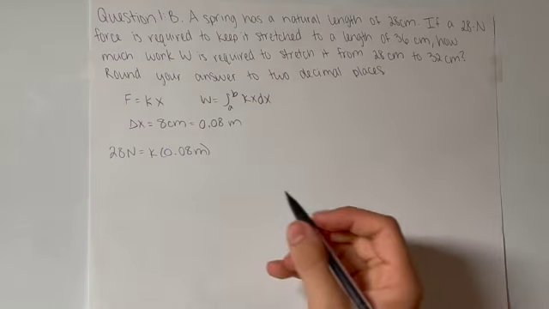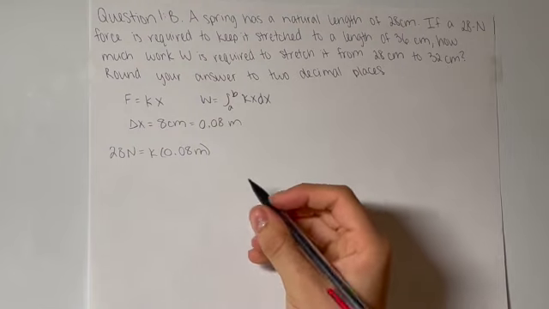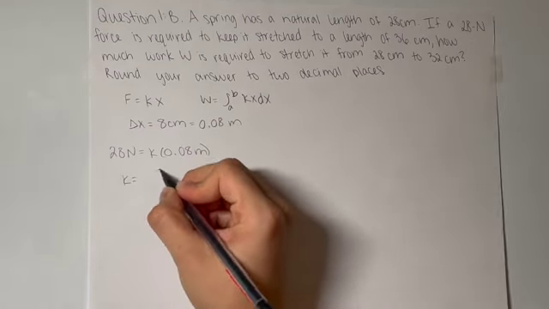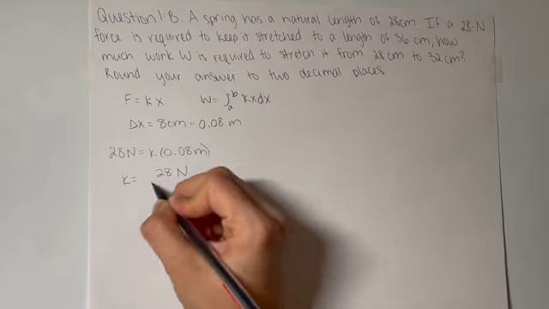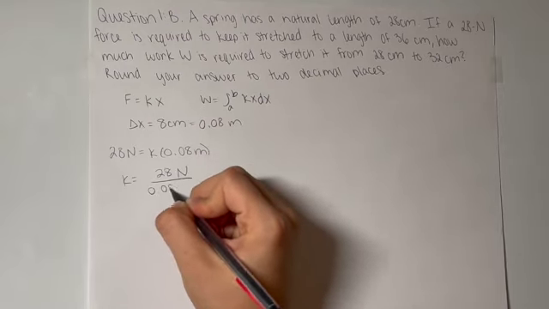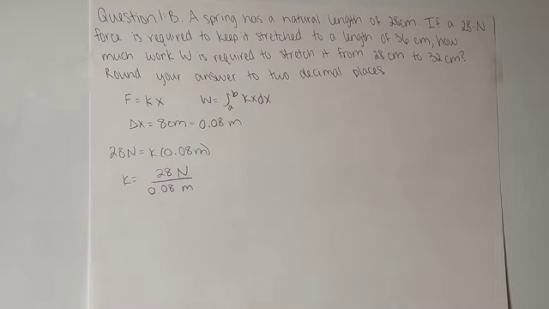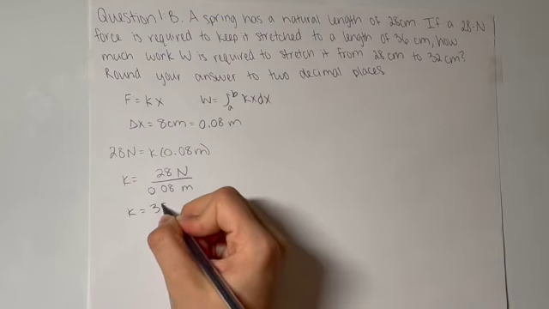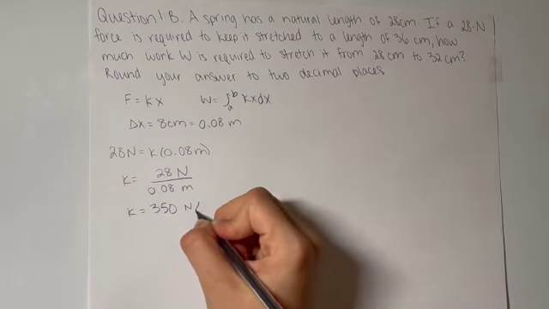From here, we can divide both sides by 0.08 meters, and we're left with K equals 28 newtons over 0.08 meters, which is equal to 350 newtons per meter.